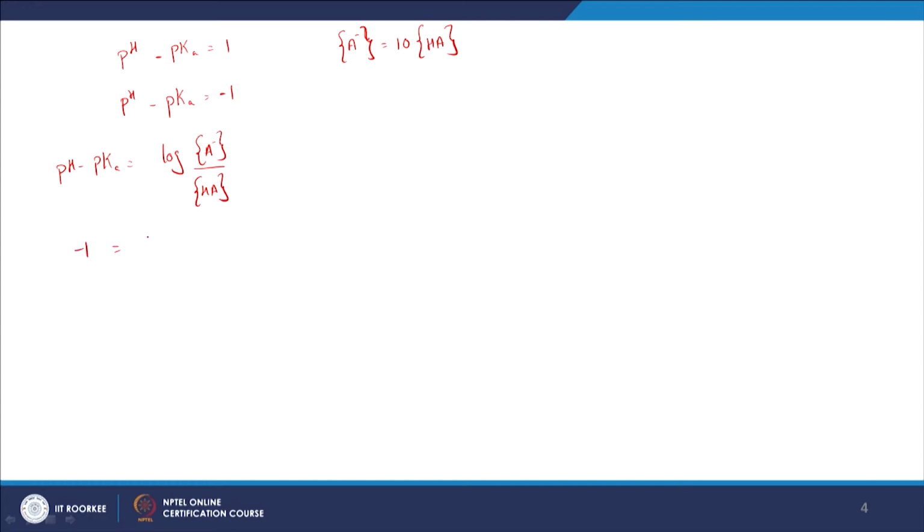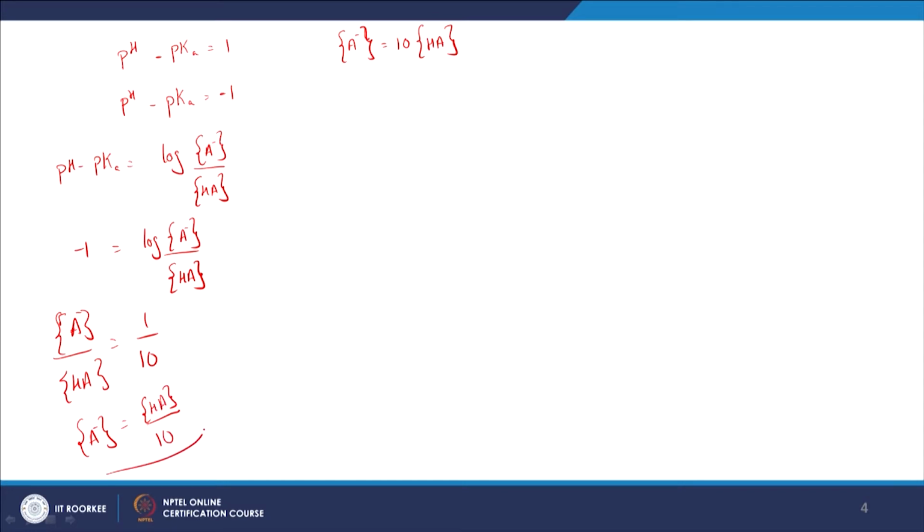So, minus 1 equal to log activity of A minus by activity of HA. So, what does that mean? It now means that it is 1 by 10, right. What does that mean now? It means that it is a tenth of the concentration of HA, right. So, what do we understand from this now, right.